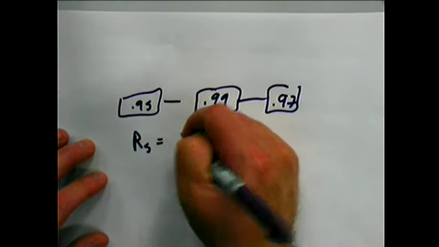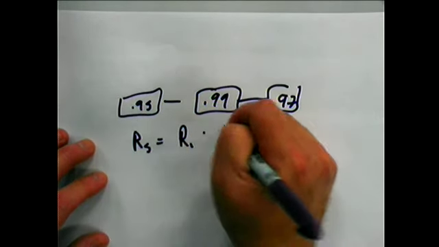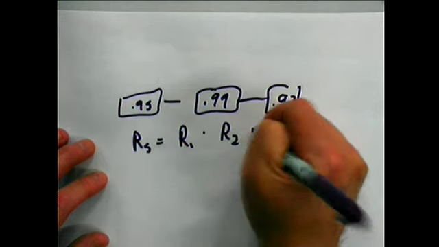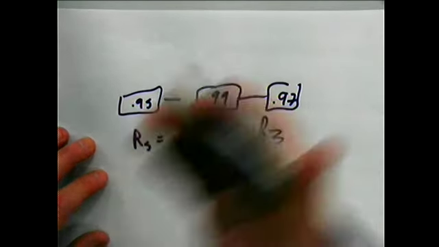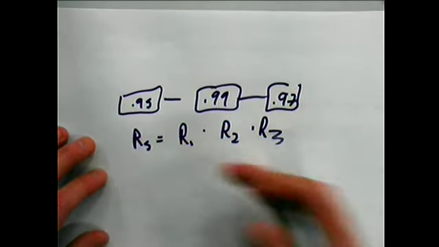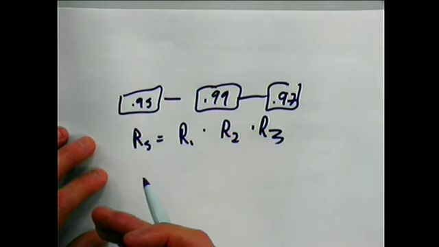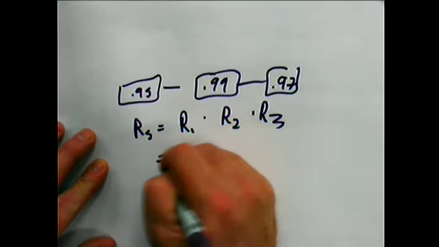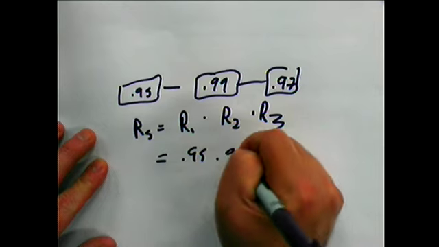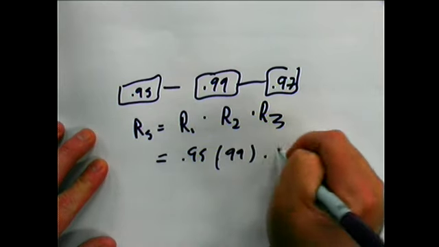So R series equals R1 times R2 times R3. Now, if they're in parallel, you would multiply the failures because they would all have to fail for it to fail. Make sense? So that's 0.95 times 0.99 times 0.97.